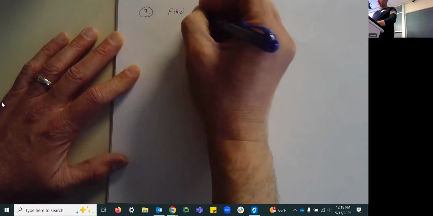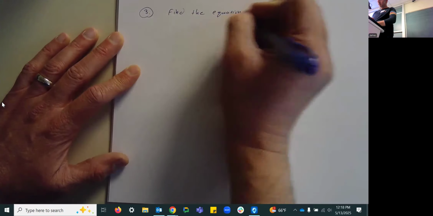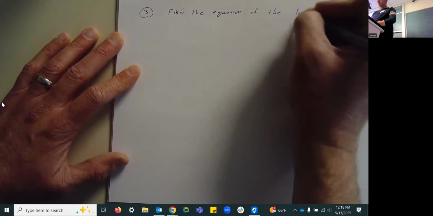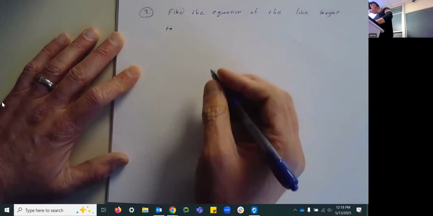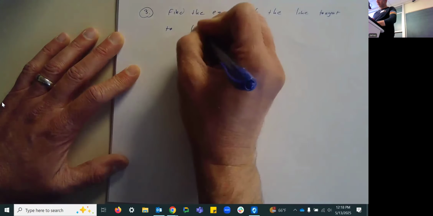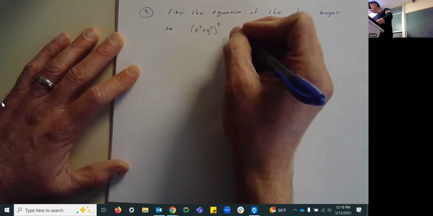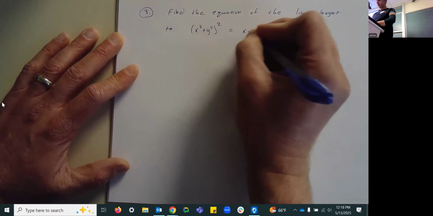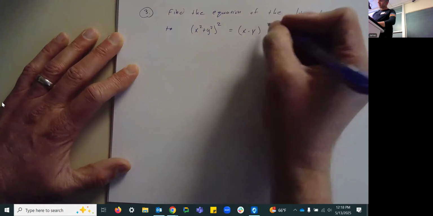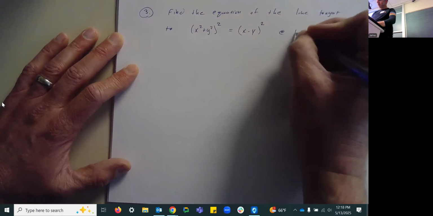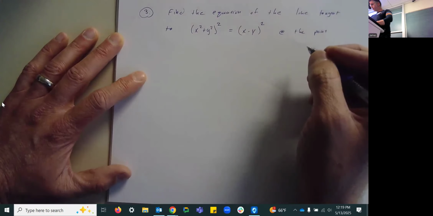Find the equation of the line tangent to x squared plus y squared, squared, equal to x minus y, squared, at the point 1, -1.